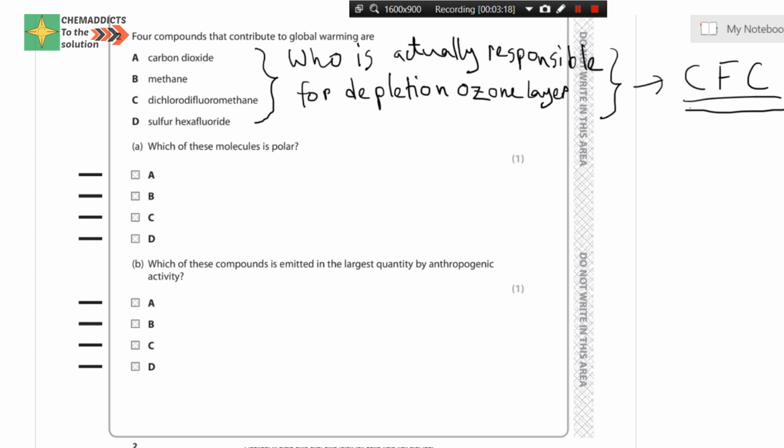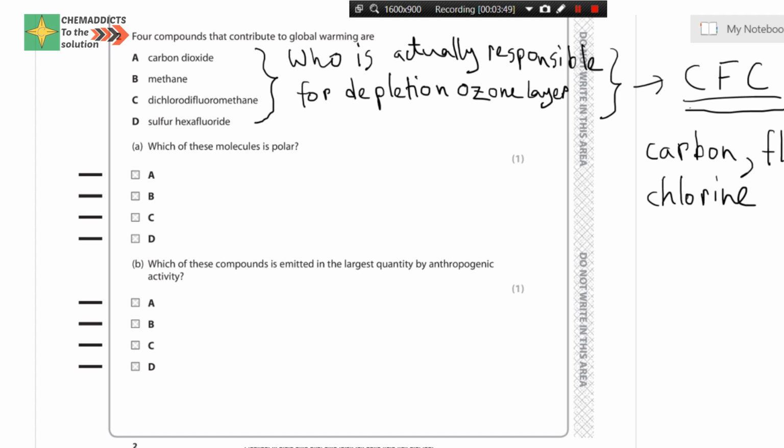If you have noticed the naming over here, carbon dioxide is obviously not in the group of CFC. At first let me crack this down for you. CFC means a compound containing carbon, fluorine and chlorine.